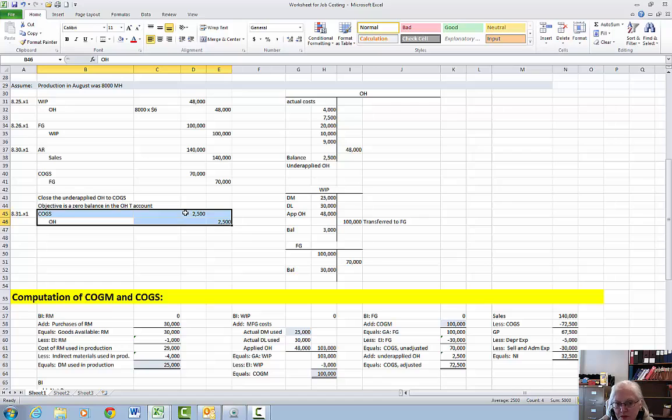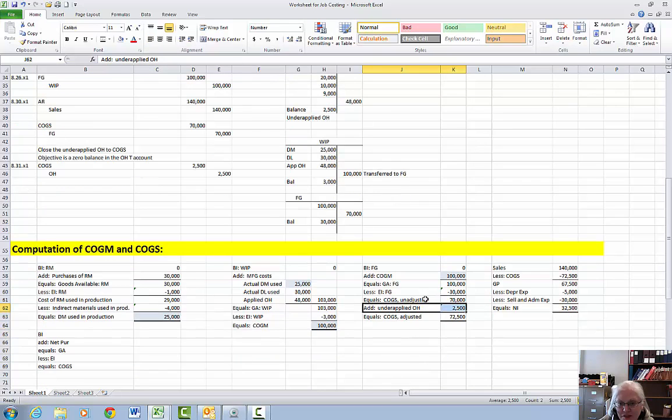So you need to remember from your beginning principles that cost of goods sold has a normal debit balance. So if I debit $2,500 to cost of goods sold, that's going to increase my cost of goods sold. So I'm going to add the underapplied overhead of $2,500 to my unadjusted cost of goods sold to get an adjusted cost of goods sold amount of $72,500.